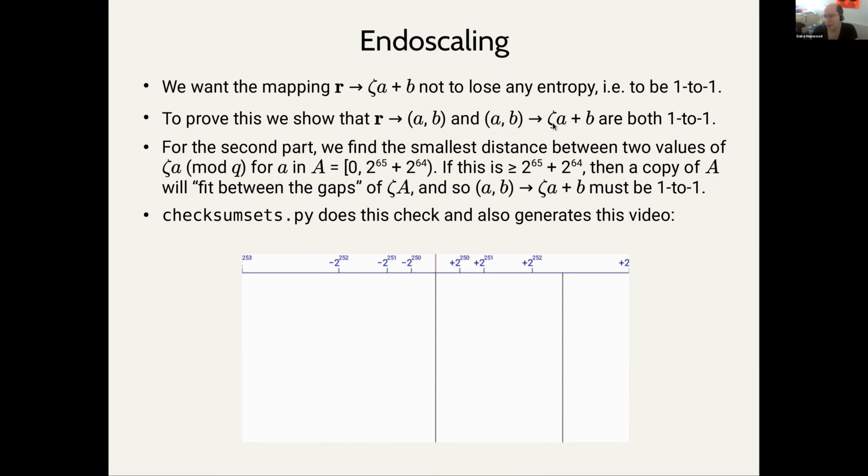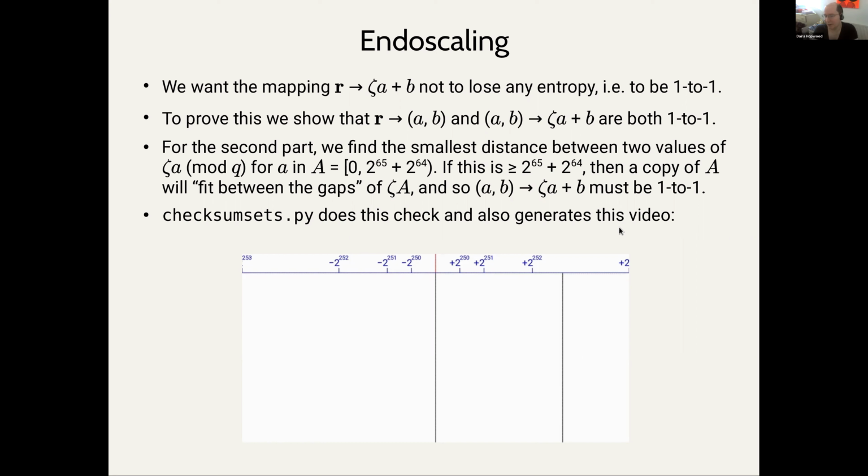So if we consider all of the possible values of zeta A for A in this set, if the smallest gap between them is greater than this range, then we know that this mapping is 1-to-1.